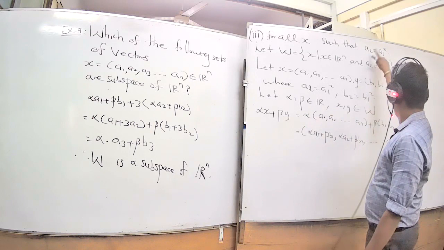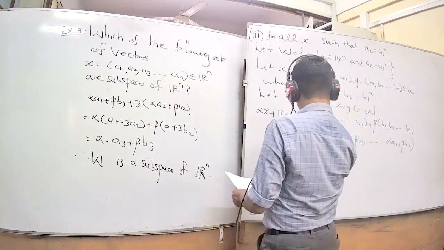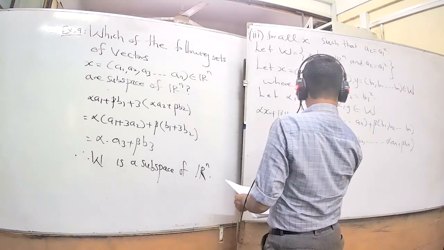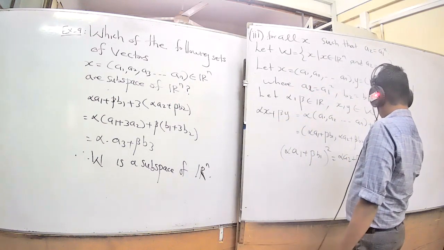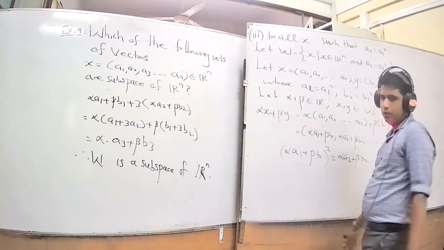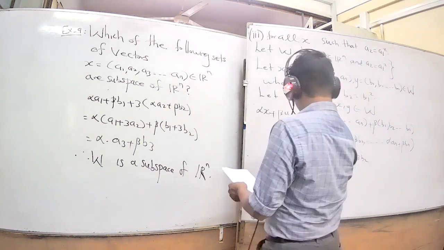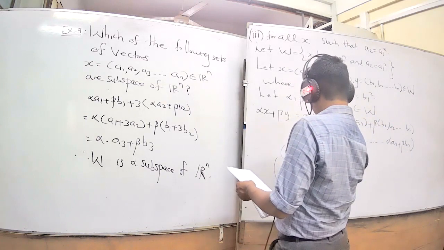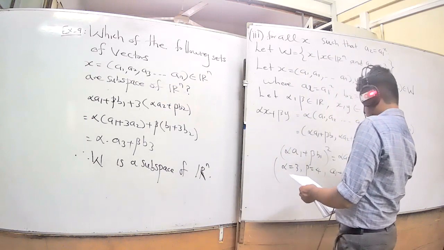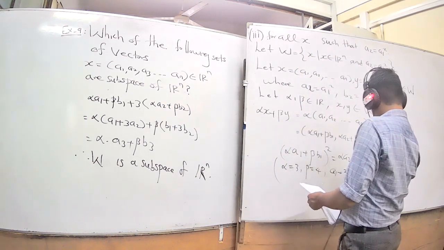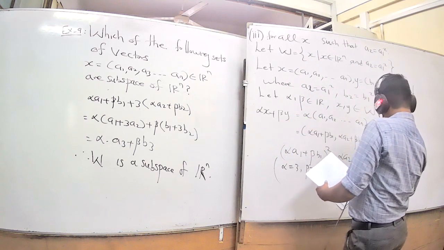You want to show that this is an element of that set, which means you want to show that (alpha a1 plus beta b1) squared equals alpha a2 plus beta b2. Is it possible? No, it's not possible. Use a counterexample. You take alpha 3, beta 4, real numbers; you can take any values. a1 is 3, a2 is 9, b1 is 4, b2 is 16.